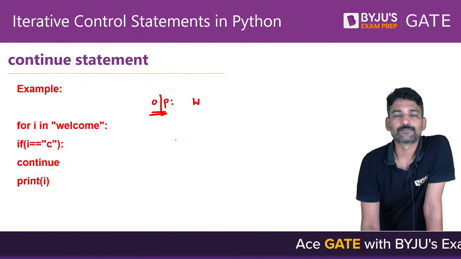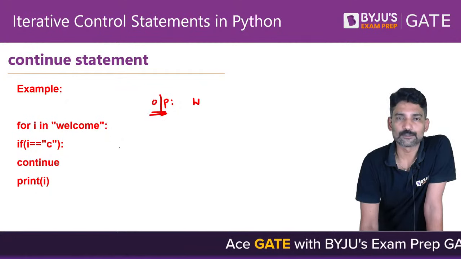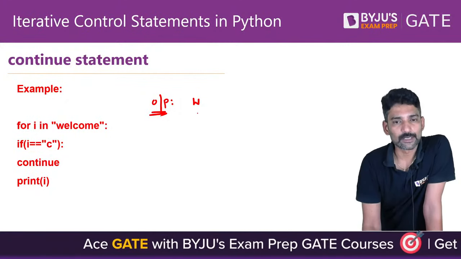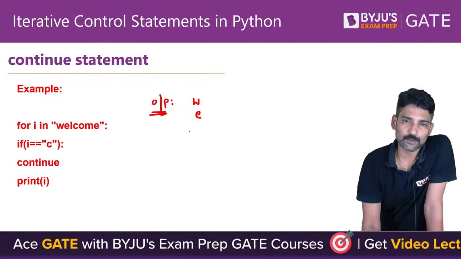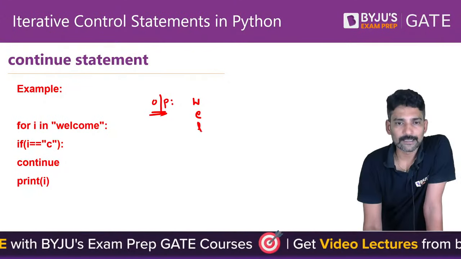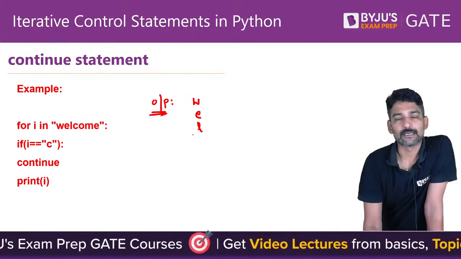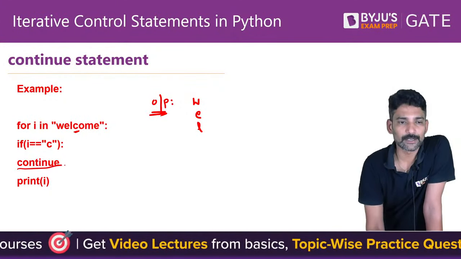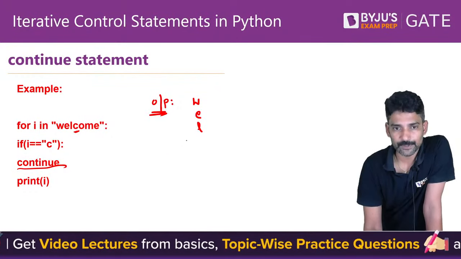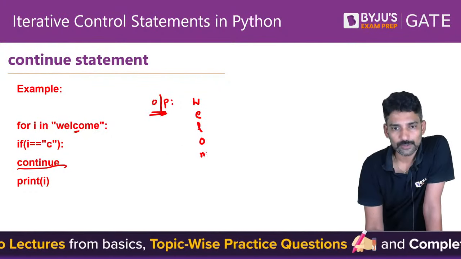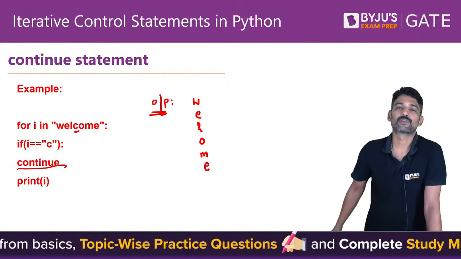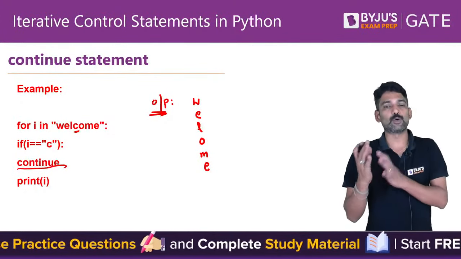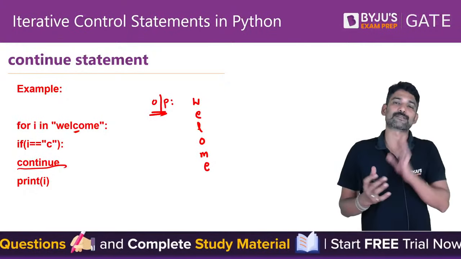W. As it is not c, print i means W gets printed. E is not c, so print. L is not c, print. C: whenever this character is encountered, you are telling continue, so that is skipped. O, M, E. So you will get the output as W, E, L, O, M, E. Only c is skipped.